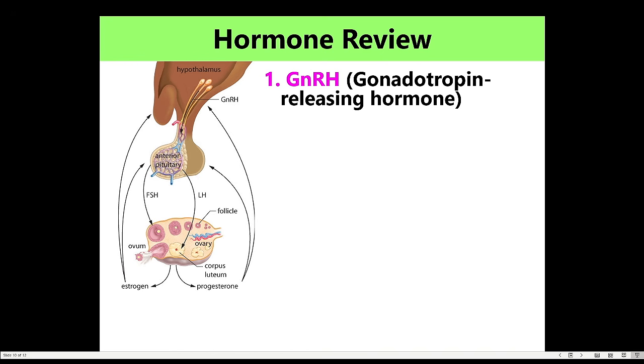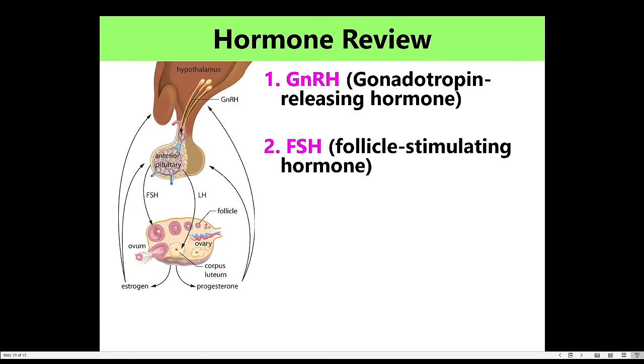As you can see in the picture on the screen, the pituitary gland is connected to the hypothalamus. So the GnRH is needed in order to release the LH and the FSH in the pituitary gland. Without the GnRH, there is no LH and FSH.